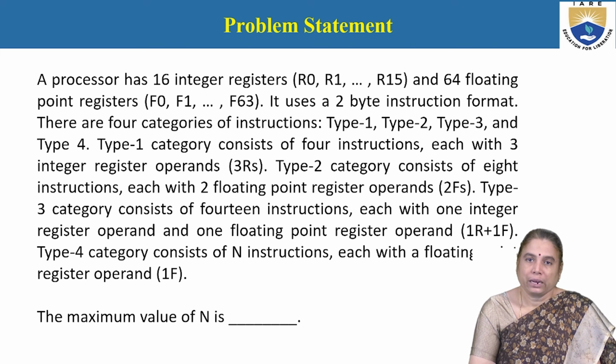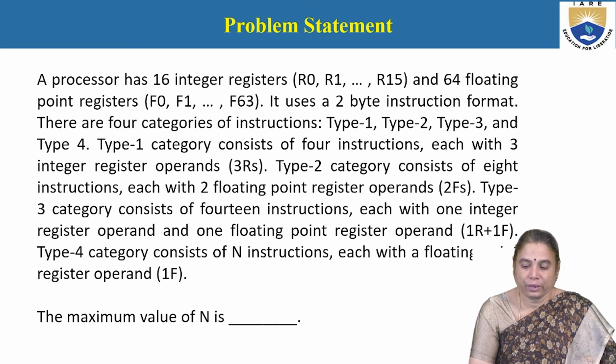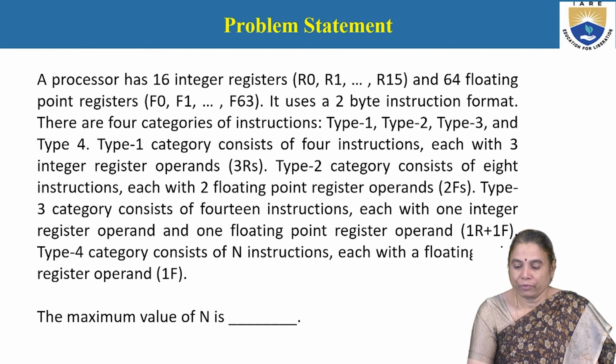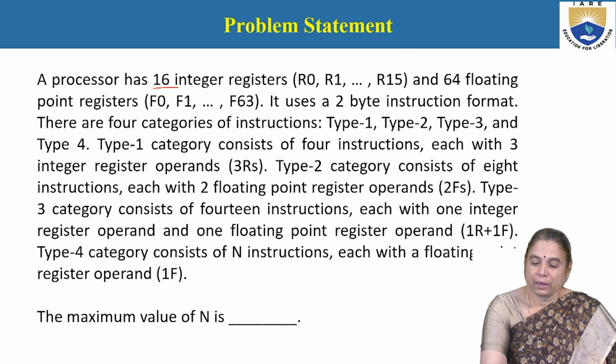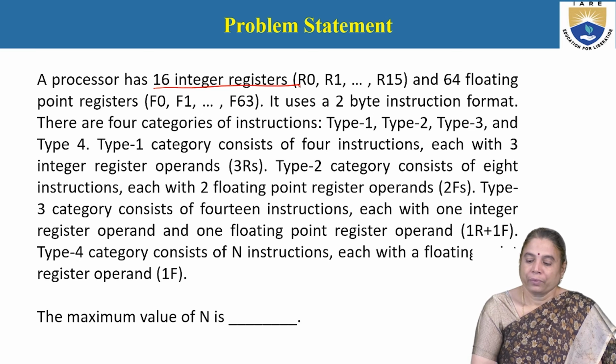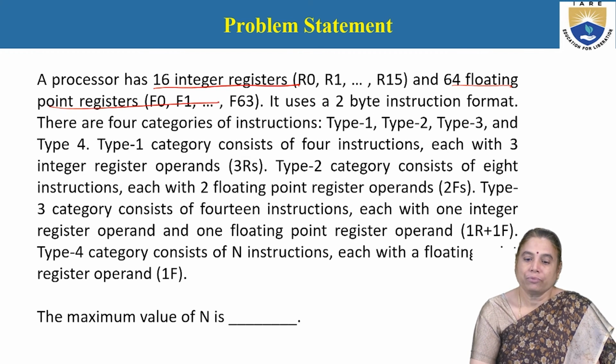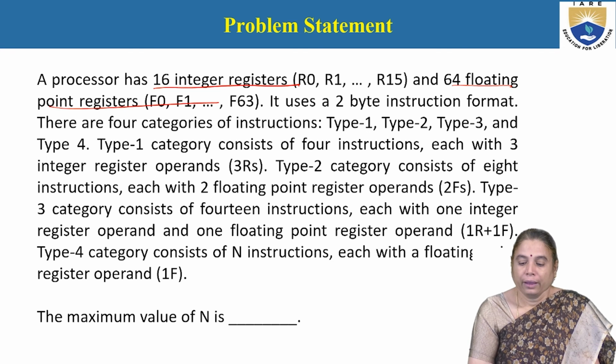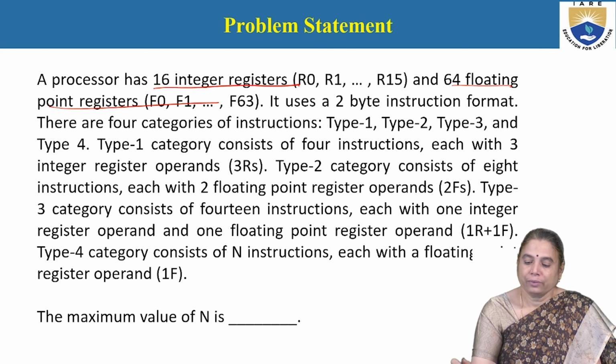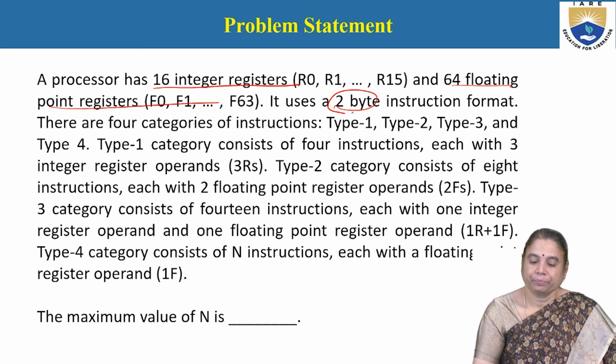Next problem statement is, a processor has 16 integer registers R0 to R15. These are the integer registers. And 64 floating point registers F0 to F63. It uses a 2-byte instruction format.